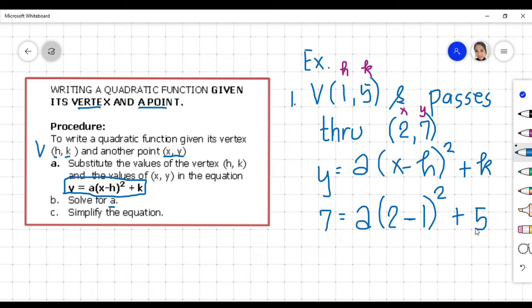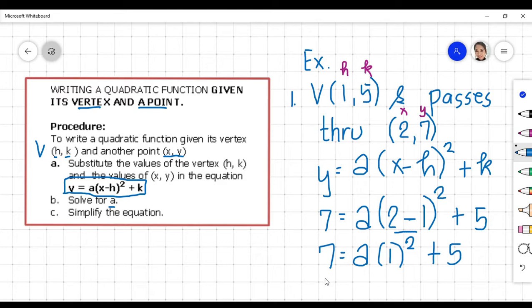Okay. Next, we will simplify this. So, copy 7 equals A. So, since meron tayong parentheses, we will solve the operation first inside the parentheses. So, 2 minus 1, that is 1, raised to a power of 2 plus 5. Okay.